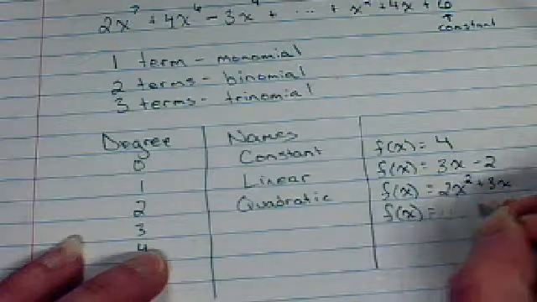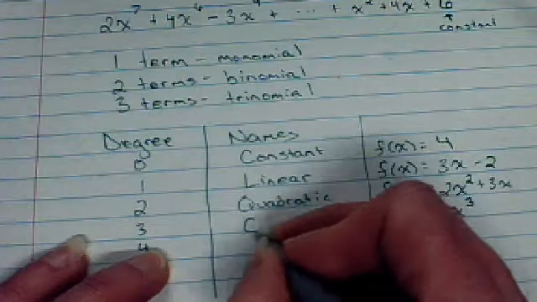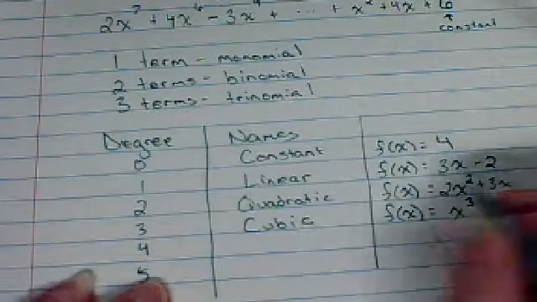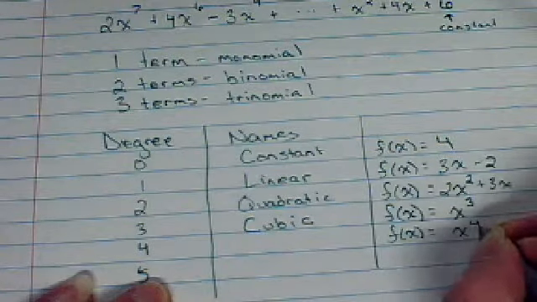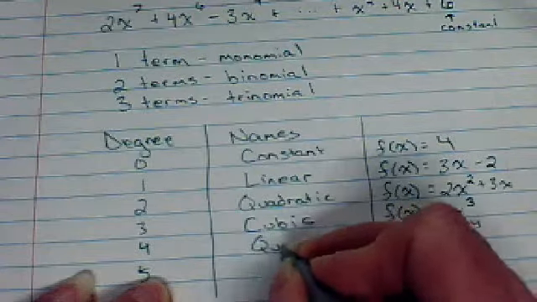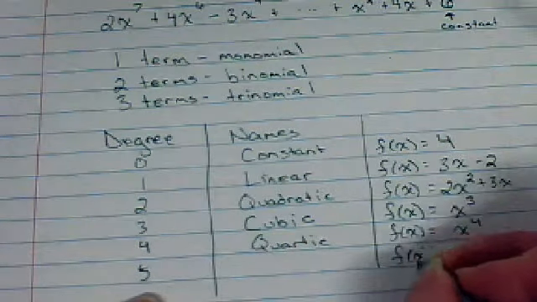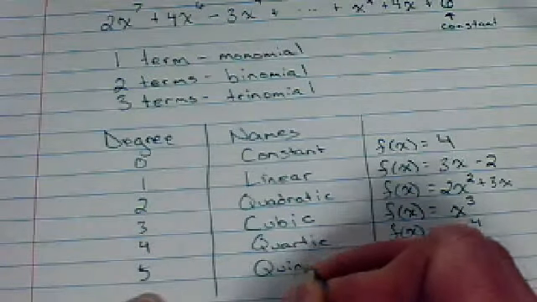Exponent of 3 gives me my x cubed. And creatively enough, that's called a cubic. X to the 4th is going to give me a quartic. And there's also a special name for x to the 5th. That is called a quintic.